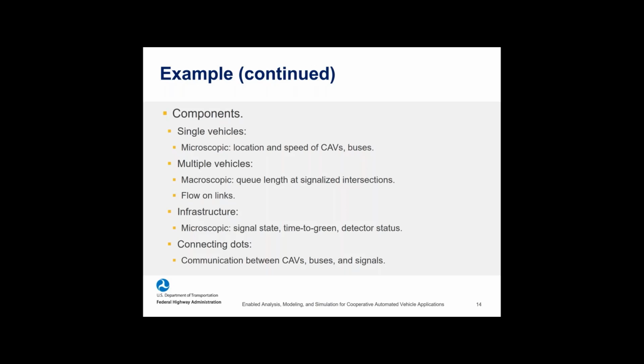In terms of multiple vehicles, I need them at a macroscopic level because I need the queue lengths at the signalized intersection to be able to inform my CAV to do the eco-drive. And I need the flow on the link. The infrastructure at a microscopic level because I need the signal state, the time to green, and the detector status in my simulation. And then connecting the dots, I need the communication between the CAVs, the buses, and the signal.